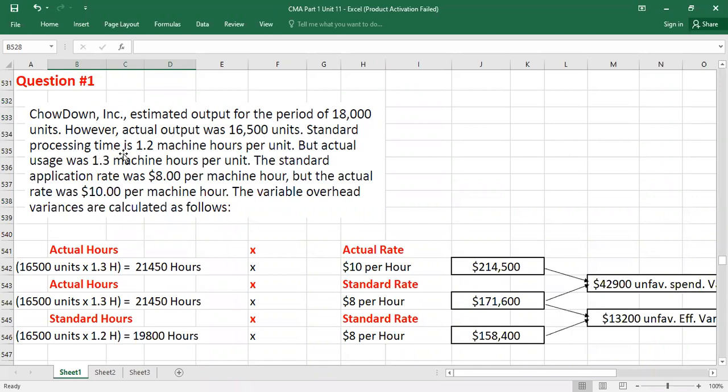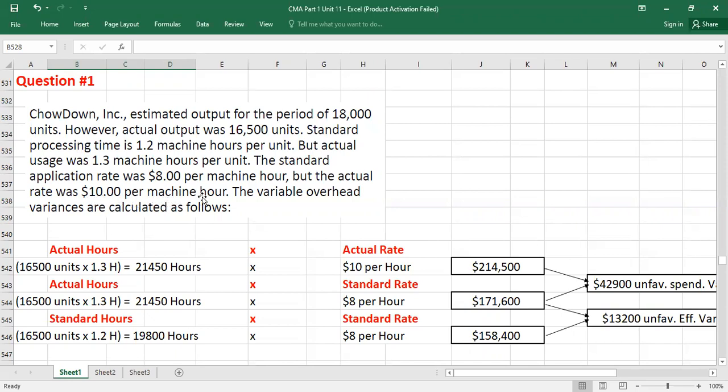Standard processing time is 1.2 machine hours. This is the budgeted time per unit. But the actual usage was 1.3 machine hours per unit. This is the actual time for each unit. The standard application rate for the variable overhead was $8 per machine hour. This is the standard rate. But the actual rate was $10 per machine hour. This is the actual rate.